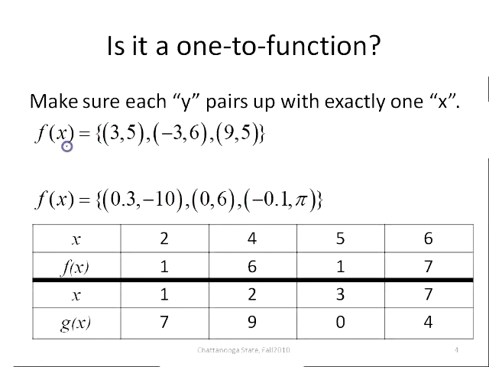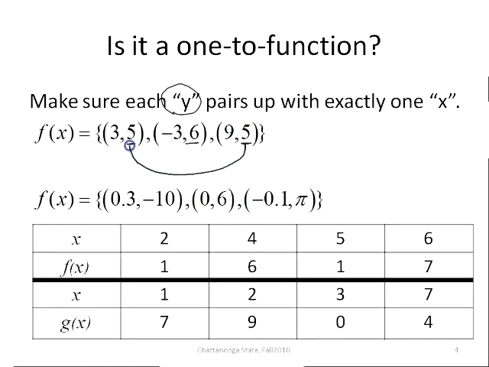My first function is the function f of x, and it contains the ordered pairs (3, 5), (-3, 6), and (9, 5). So what we want to look at here is each of our y's. Here I have a y of 5, I have a y of 6, and I have another y of 5.